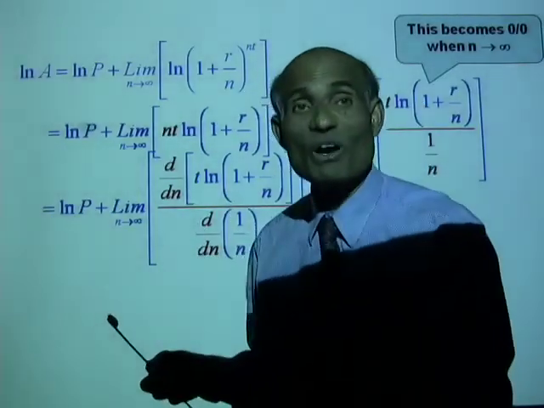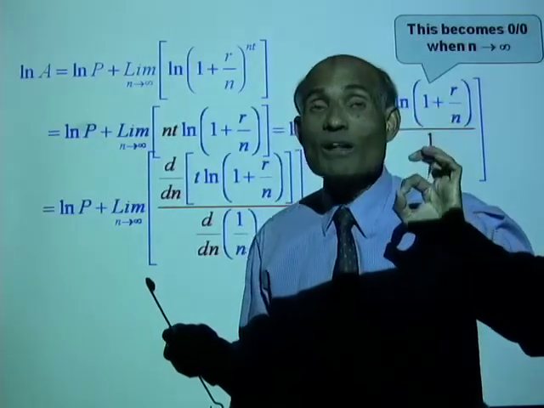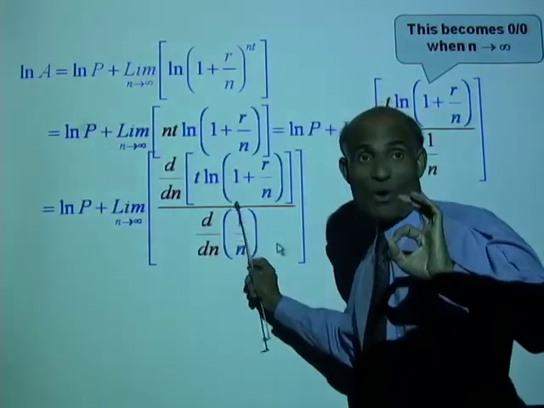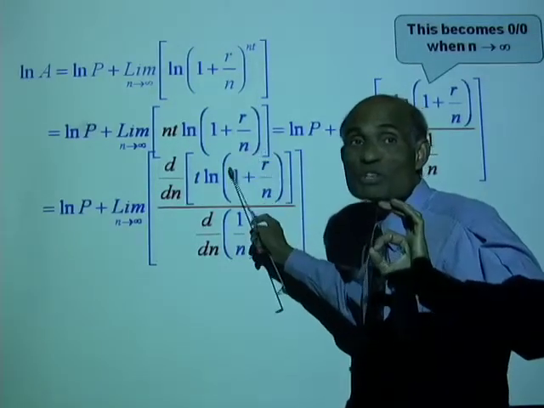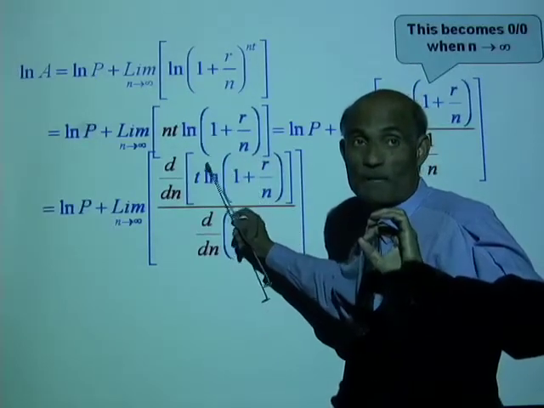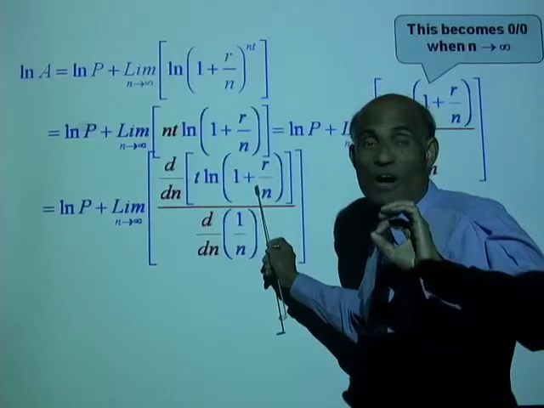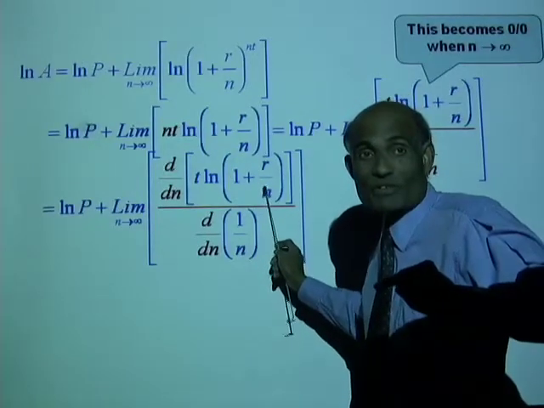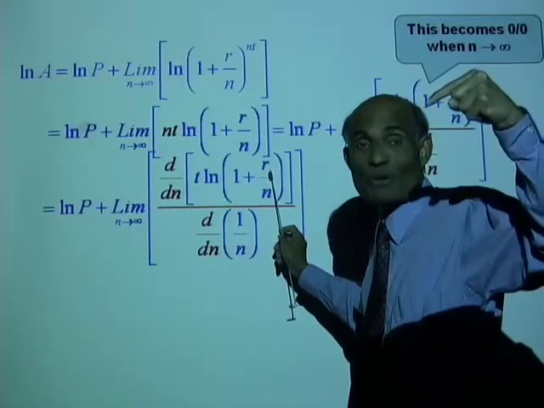The derivative of an ln quantity is 1 over that quantity, multiplied by the derivative of this quantity. That means the derivative of this will contain 1 plus r over n on the denominator and the derivative of this quantity on the numerator.